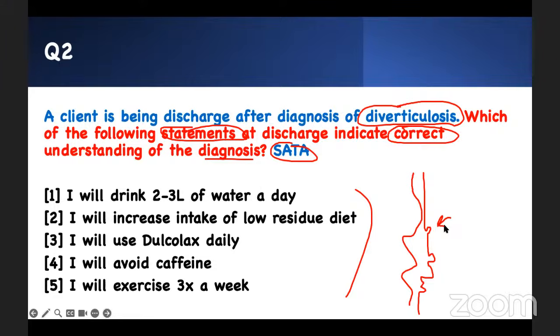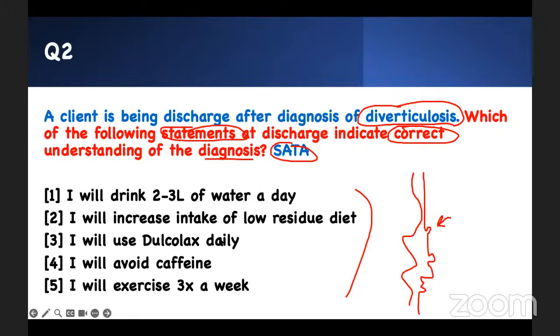And look at the answer choices. The things I said, if they're there, you go in and pick them. So what do you think? I will drink 3 liters of water a day. I will increase my intake of a low residue diet. I will use Dulcolax daily. I will avoid caffeine.